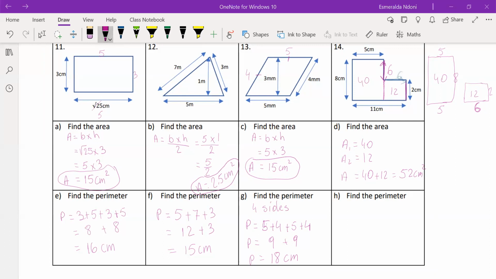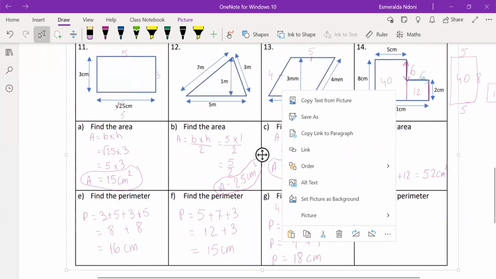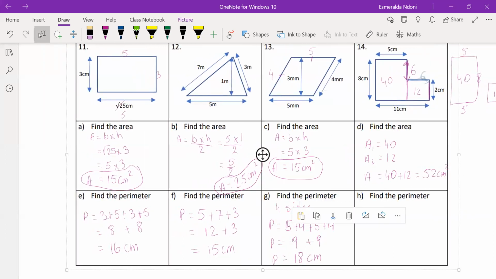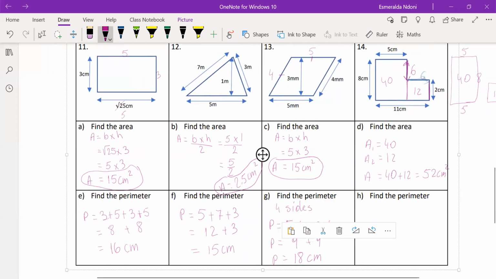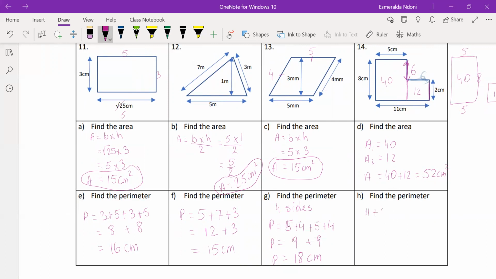Let's just add those 6 sides now. I start with 11 plus 8 plus 5 plus 6 plus 6 plus 2. All I need to do is add them up. 11 add 8, these 2 are 19.